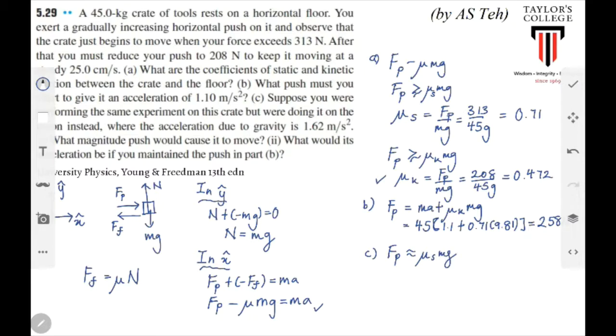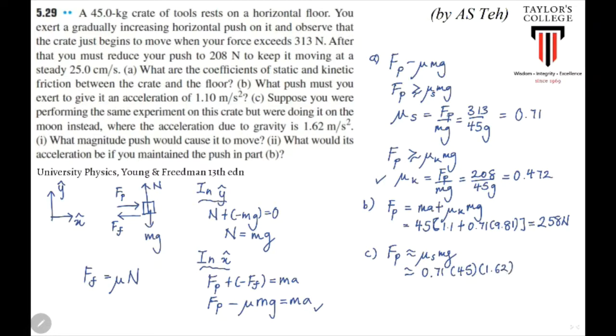If we calculate that out, it is 0.71 times 45. Now we have to be aware that g in this situation is not Earth's but the moon's, so this is 1.62. That gives us a pushing force of about 51.8 newtons.